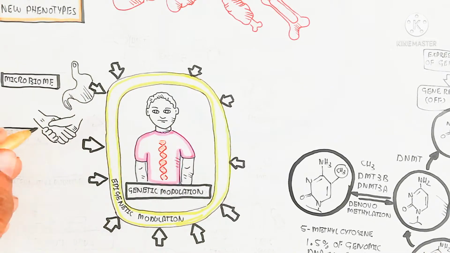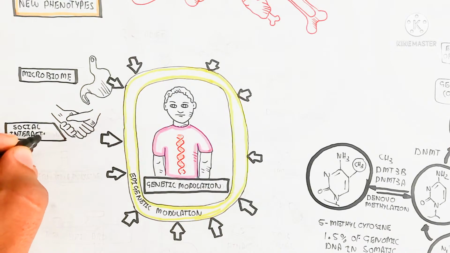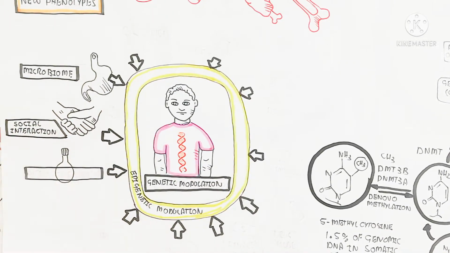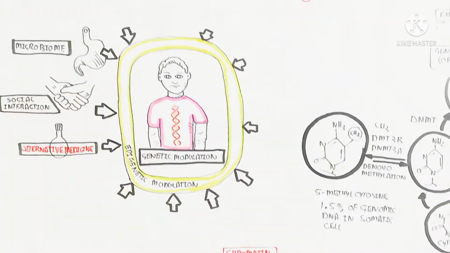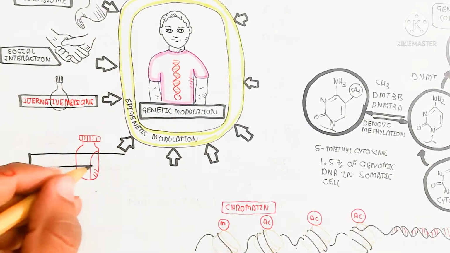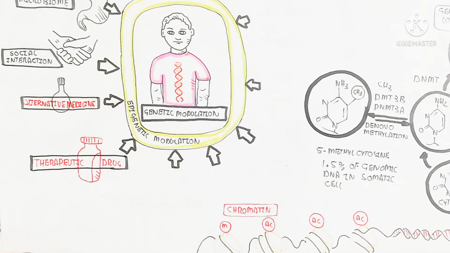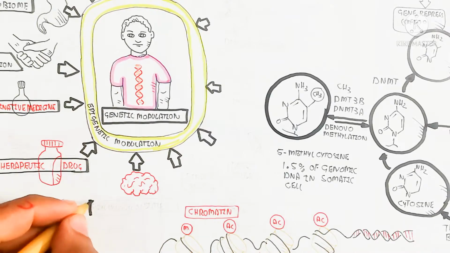If we interact more, we can be more confident, and alternative medicine, for example homeopathic medicine. On the other hand, therapeutic drugs can change DNA methylation and acetylation and lead to other diseases, while alternative medicine is better and improves lifestyle.